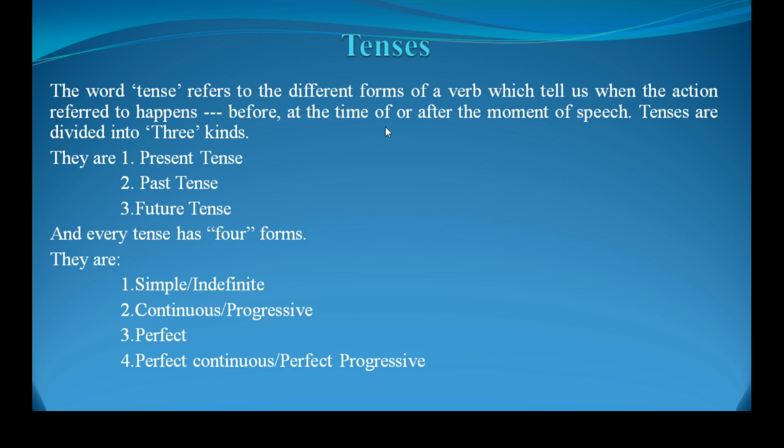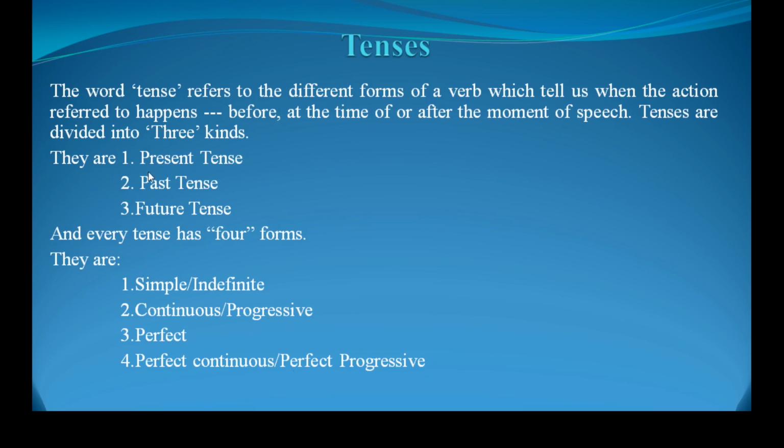And we all know that tenses are divided into three kinds. They are present tense, past tense, and future tense. And every tense has four forms. If we take present tense, we have simple present or indefinite tense, present continuous or progressive tense, present perfect tense, present perfect continuous or present perfect progressive tense.